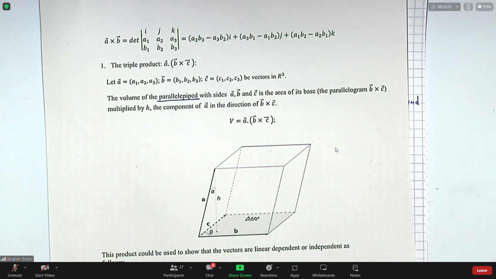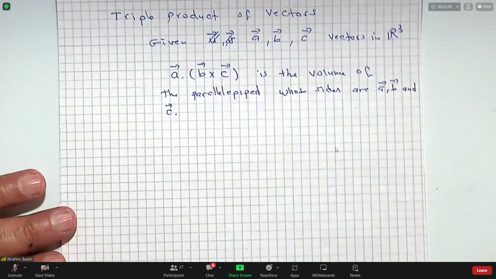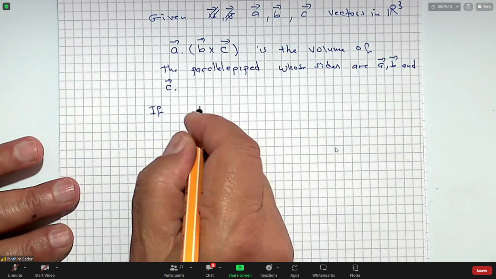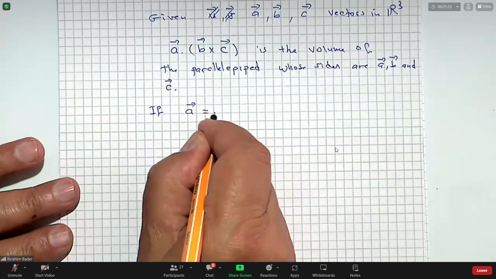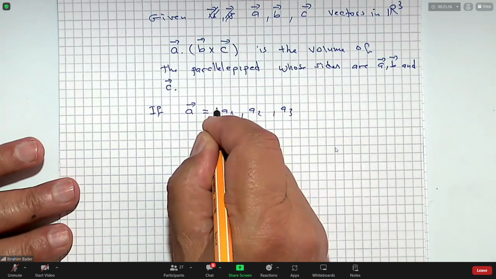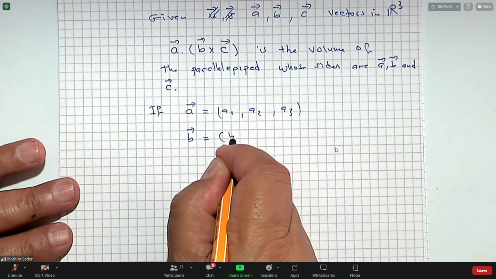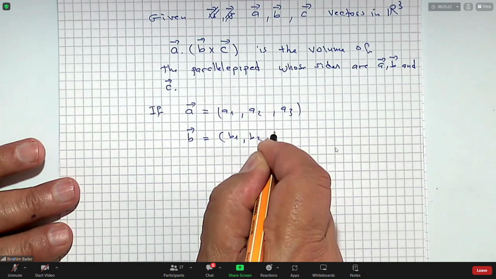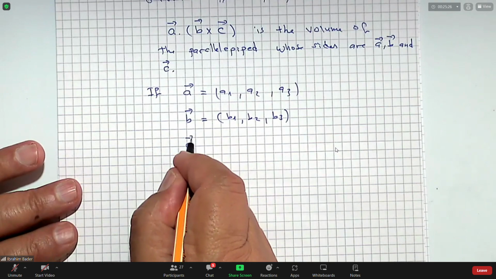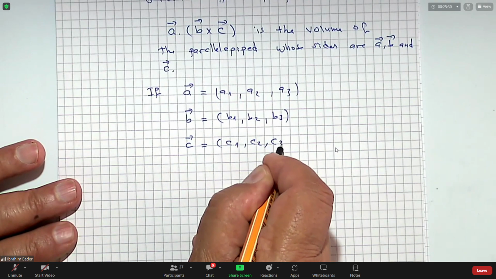Now, another important interpretation for this is that if the vectors, let's assume A equals A1, A2, A3, okay, and B equals B1, B2, B3, and C, C1, C2, C3.